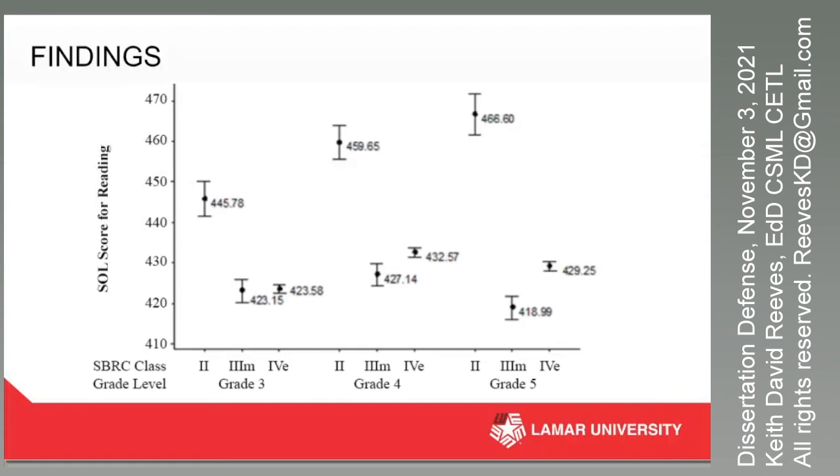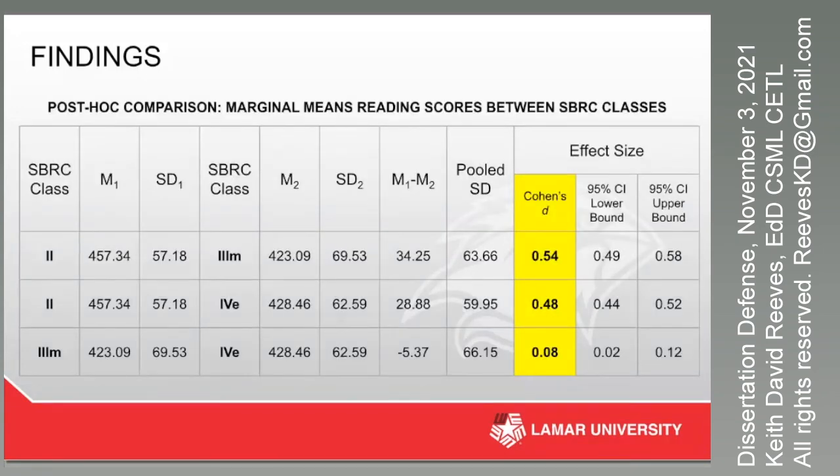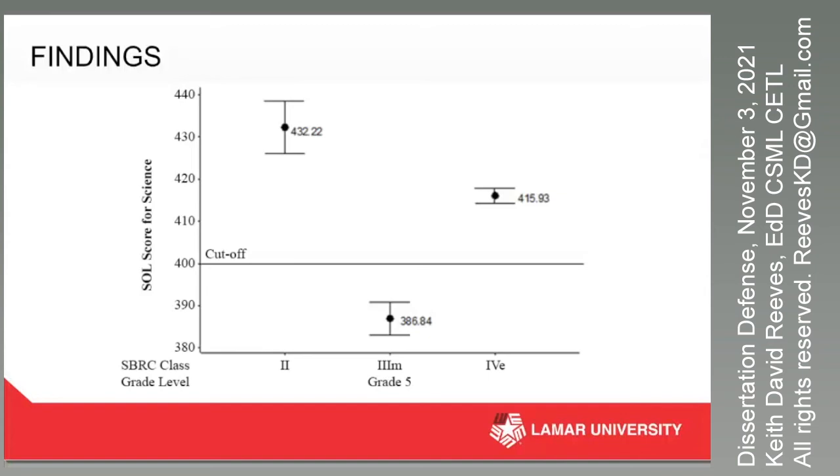This is a pattern that we're going to see consistently across subjects, and for my statisticians and methodologists here, I'm displaying the actual data. Here we see the same test run for reading. Again, while the p-value is very low for each comparison, we look at the Cohen's d for effect size, and again, we find little to no practically significant difference between the three classes for reading, just as we did for math.